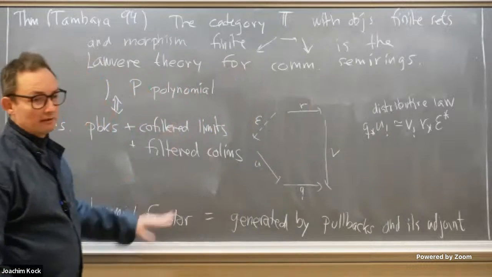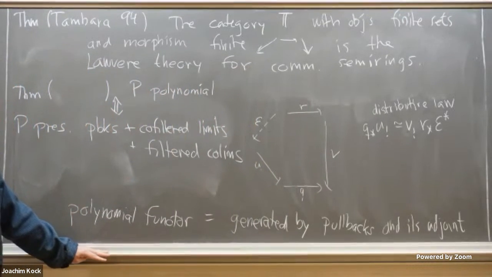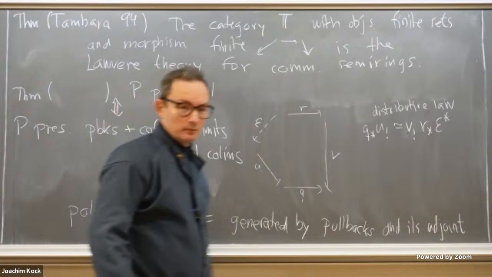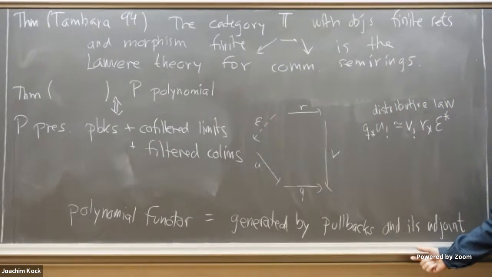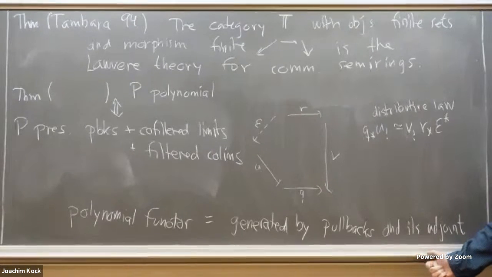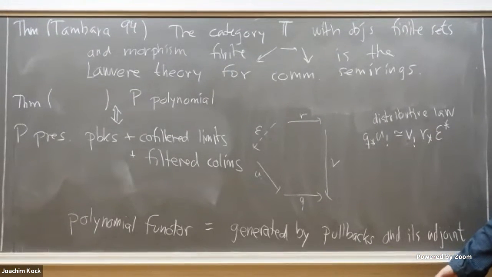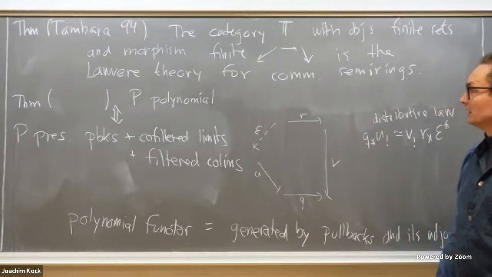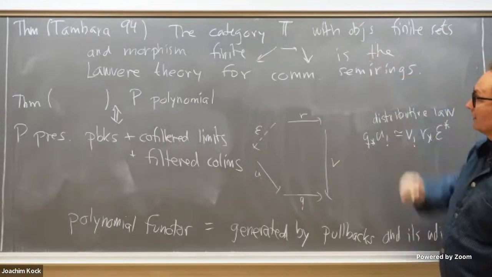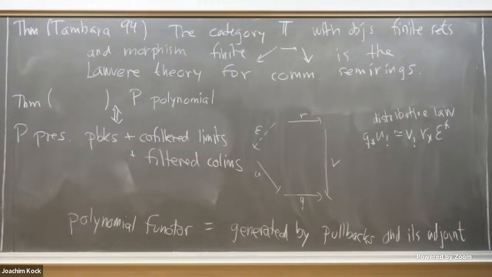So this is really the theorem that tells you why we're dealing with polynomials. Polynomial rings are the free algebras, or the free semirings in this case, because we don't give ourselves negative numbers. So it's all condensed in this theorem.